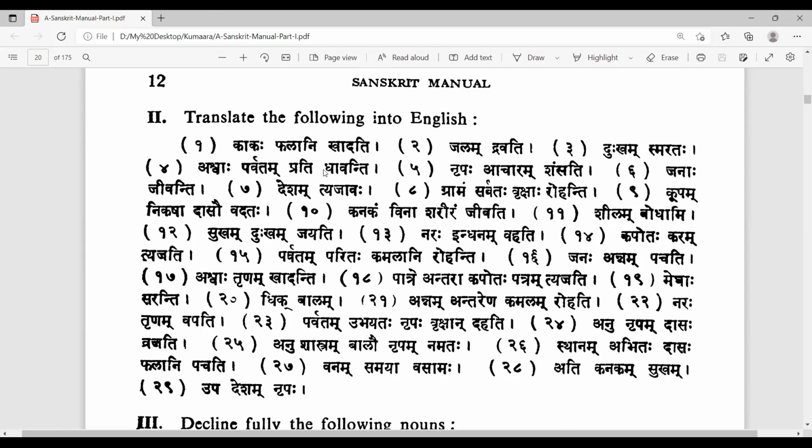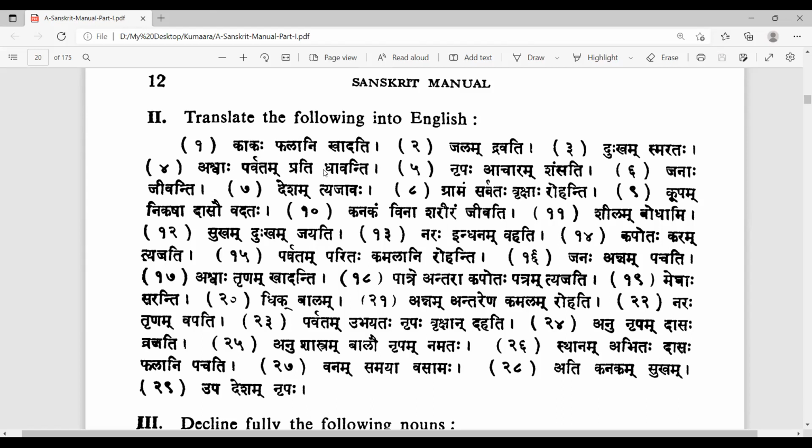Continue: parvatam paritah kamalani rohanti. Rohanti is the kriya padam. Kani rohanti? Kamalani rohanti. Kutra rohanti? Parvatam paritah. So lotuses grow around the mountain; paritah means around, surrounding.